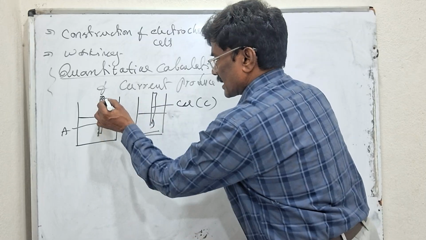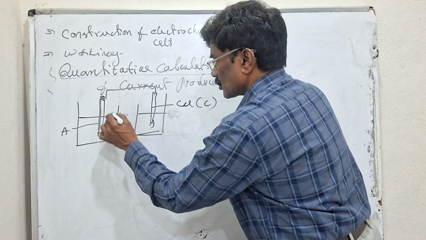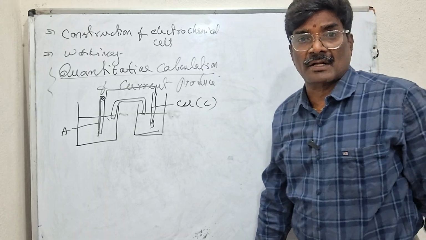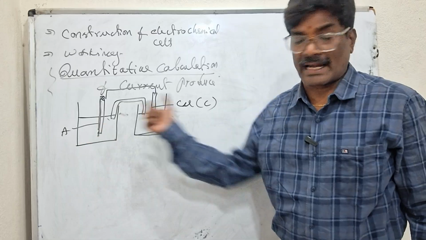You know all this construction, so I won't talk about it again. The two solutions are connected by a salt bridge. This is the simple construction of a Daniel cell or any electrochemical cell. Left side we take the anode, right side the cathode.